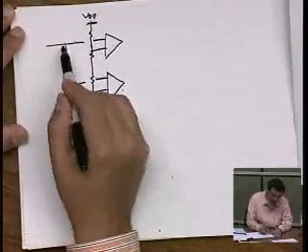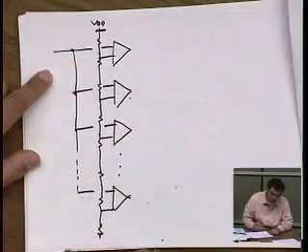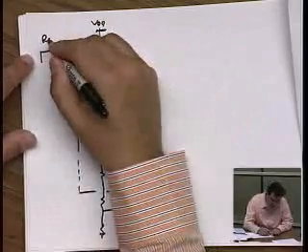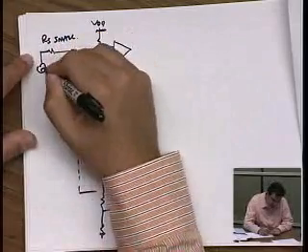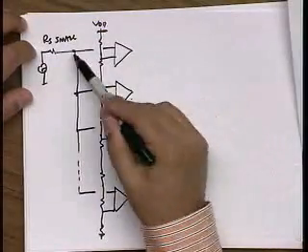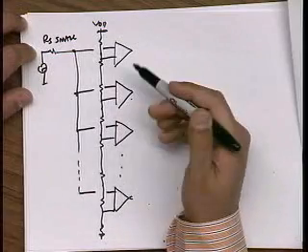So this node sees a lot of capacitance, right? Because it sees all these guys. But maybe that's okay. Maybe I can drive it with a low RS. So if I drive it with a low RS, let's say 50 ohms or something like that, then I won't have too much speed limitation from these input capacitors.